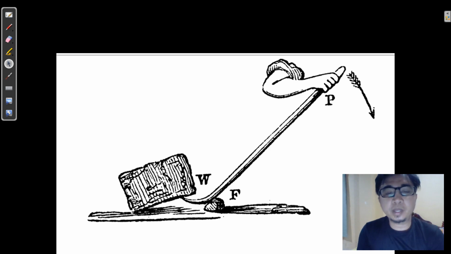When we lift that weight in the figure manually, without any tool or equipment or machine, it is very difficult to lift. So we are using a type of machine or tool to minimize the force needed in order to lift that weight.